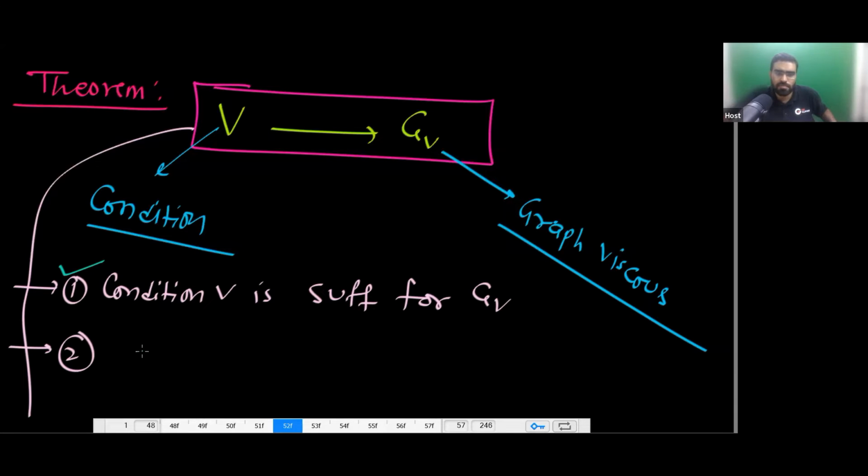Who is necessary? Graph viscous is necessary, right?